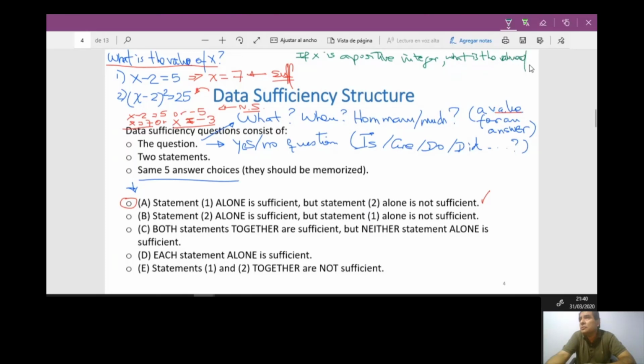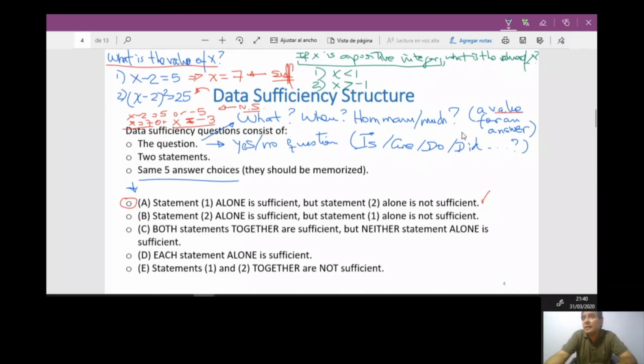Same question, similar to the first example, so that we have now extra information before the actual question. Statement 1, we have x is less than 1. Statement 2, x is greater than -1.